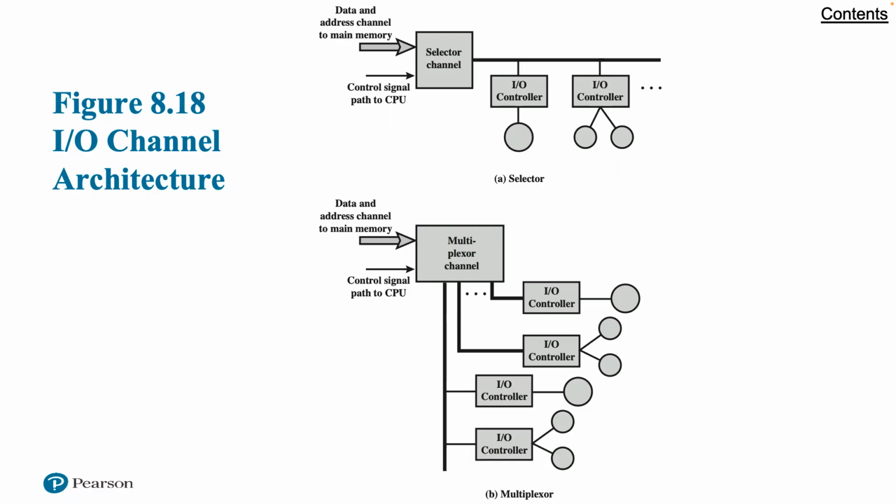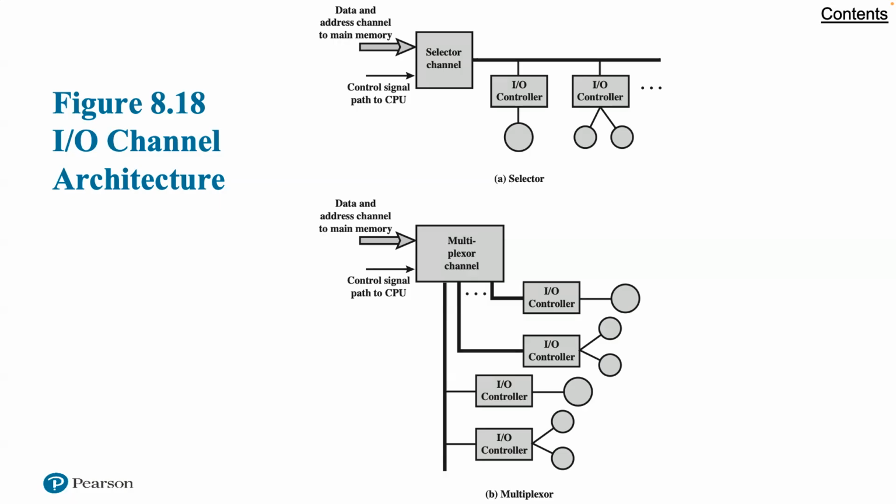The program will specify the device or devices, the area of memory for storage, priority, and actions to be taken for certain error conditions. The I/O channel follows these instructions and controls the data transfer. Two types of I/O channels are common, as illustrated in the figure we're showing here, figure 8.18.